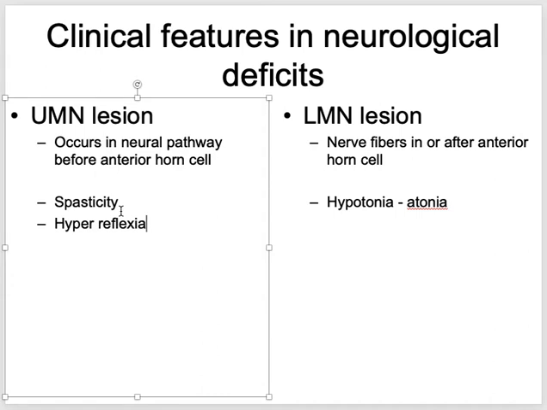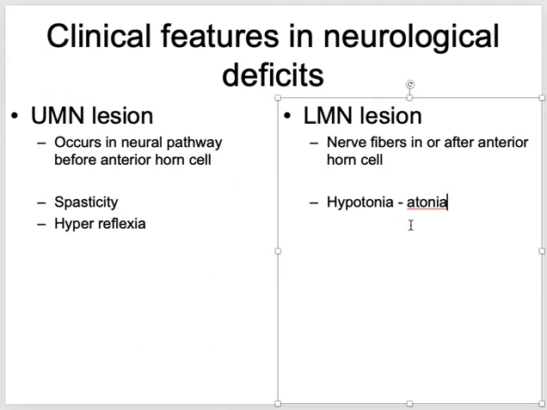In patients who have an upper motor neuron type of lesion, the reflexes are increased and exaggerated, whereas in a lower motor neuron type of lesion they have hyporeflexia. Their reflexes are weak, or there can be areflexia, where the reflexes are absent.